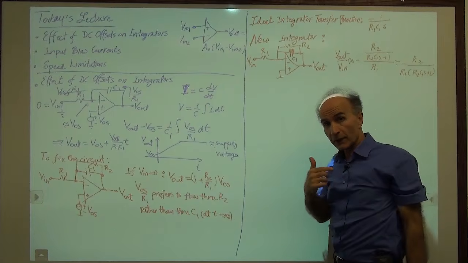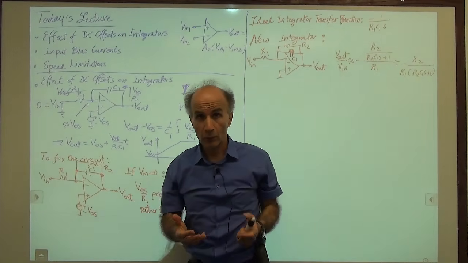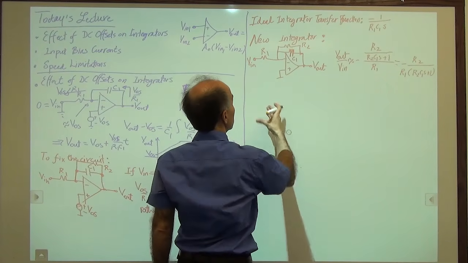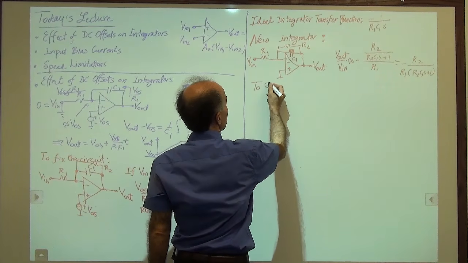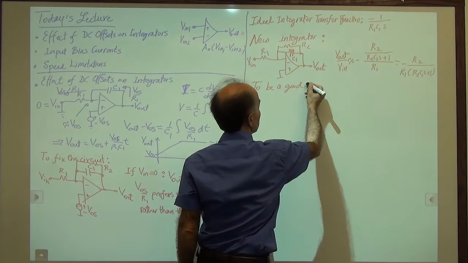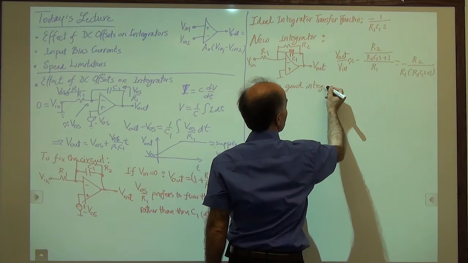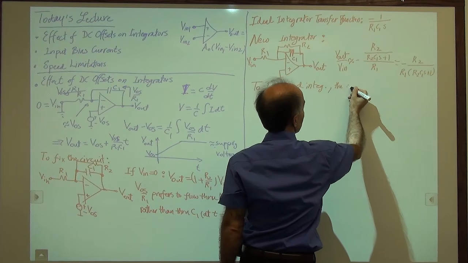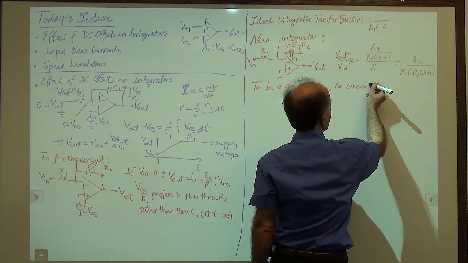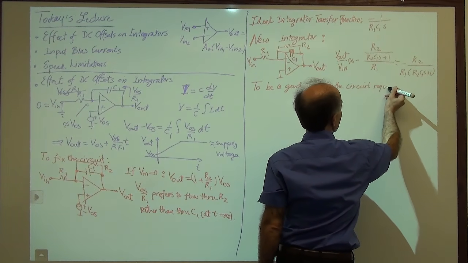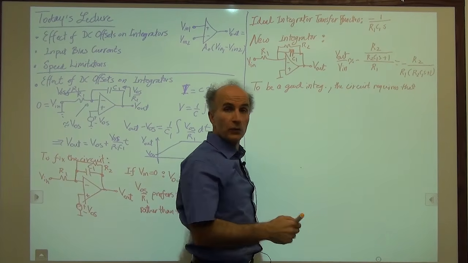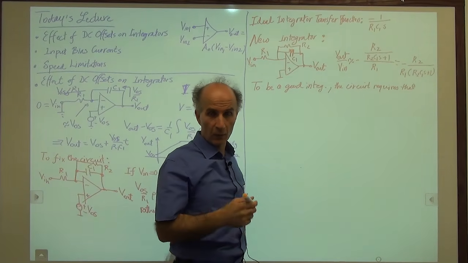So for this circuit to be a good integrator, we would like that to happen. So to be a good integrator, the circuit requires that R2 C1 S be much greater than 1.